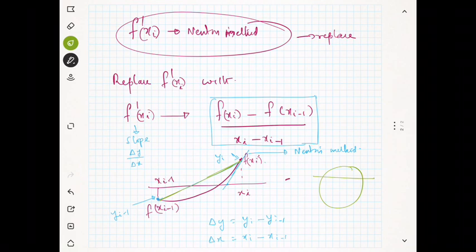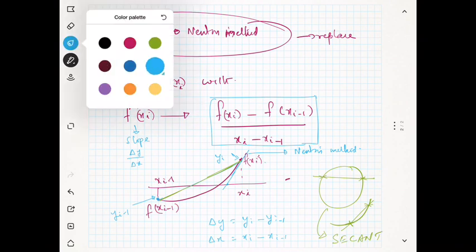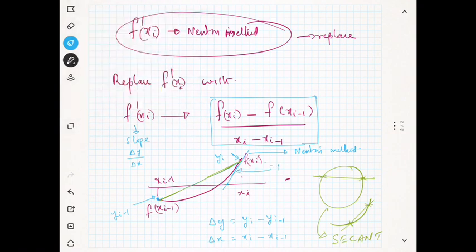If you have a curve and you draw a line meeting it at two points, we call that a secant. In Newton's method we draw the tangent, so we replace the tangent with the secant.